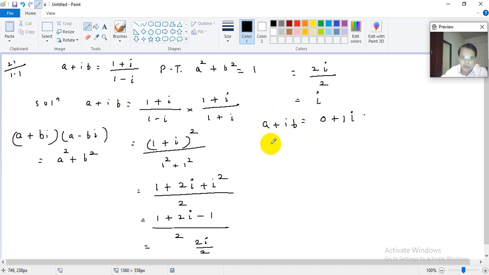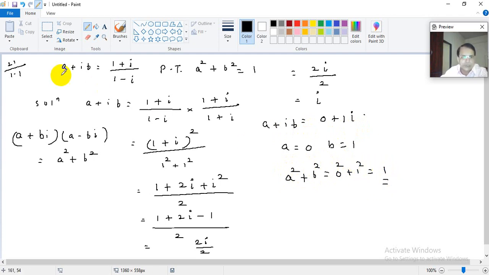So when you compare the two complex numbers, you will get a is 0, because in a plus bi, a is the real part and b is the imaginary part. A is 0, b is 1, because here it is bi and here it is 1 into I. So when a is 0 and b is 1, a square plus b squared is nothing but 0 squared plus 1 squared, and so the final answer is 1.